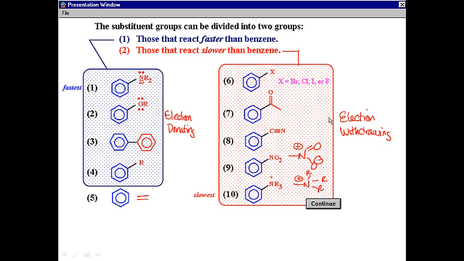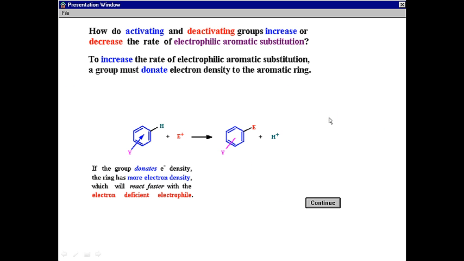Now why? Well, we can push electron density in or we can pull it out. Groups that push electron density into the ring are called activating groups. So the electron donating groups, we say activate the ring. Electron withdrawing groups deactivate the ring.